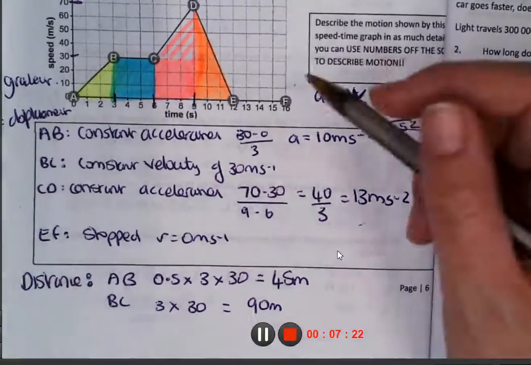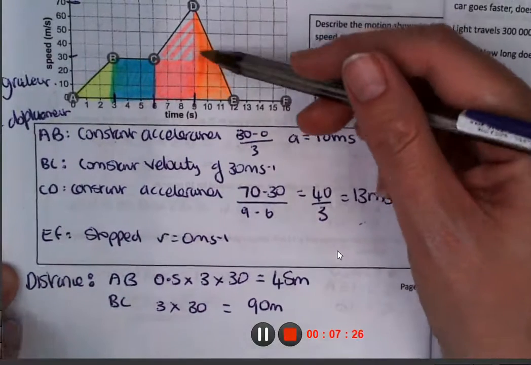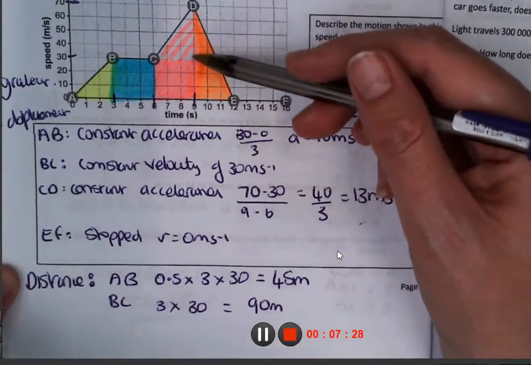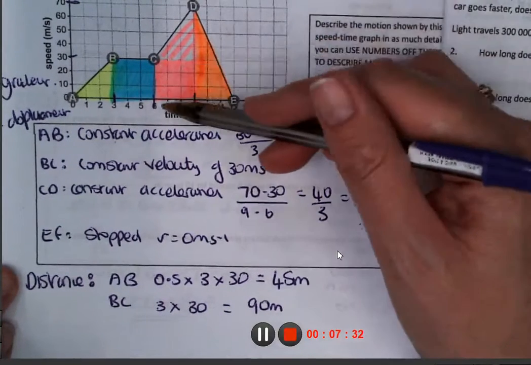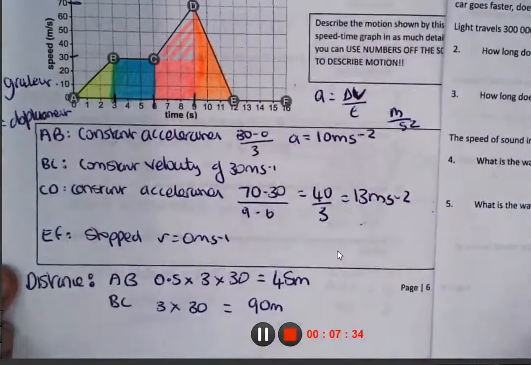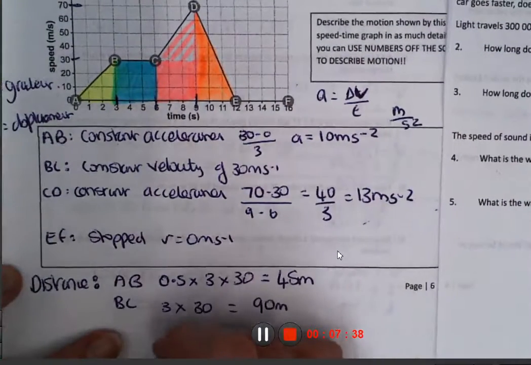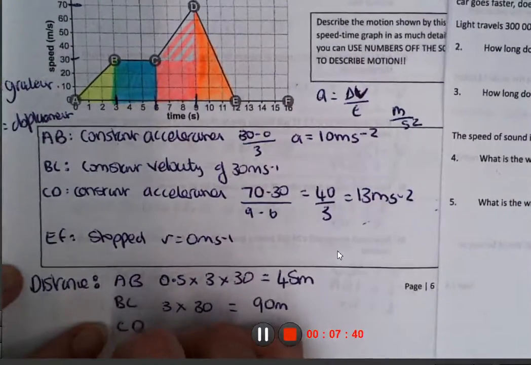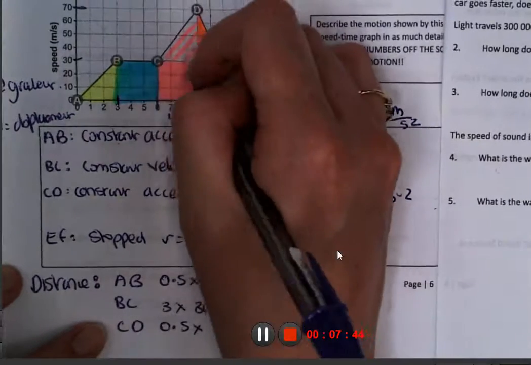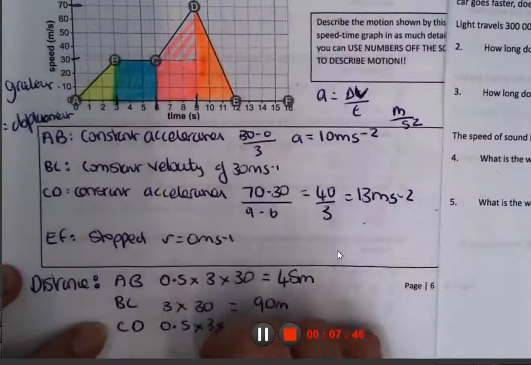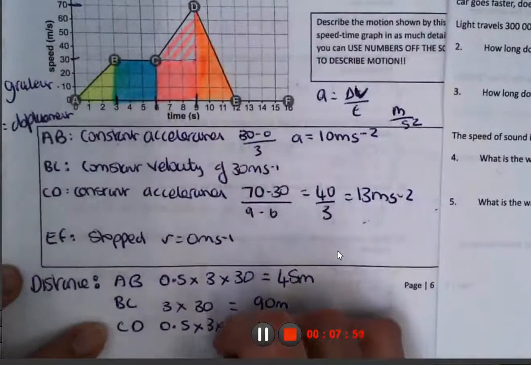Now, the next section, this isn't a trapezium, and I always forget how to figure out the area of a trapezium. I think it's half A plus B times the base, but I can't remember. So what I do is I separate it into a triangle and a square. So I'm going to do the triangle first. So I've got half times 1, 2, 3, 3 times the height, which is 10, 20, 30, 40.